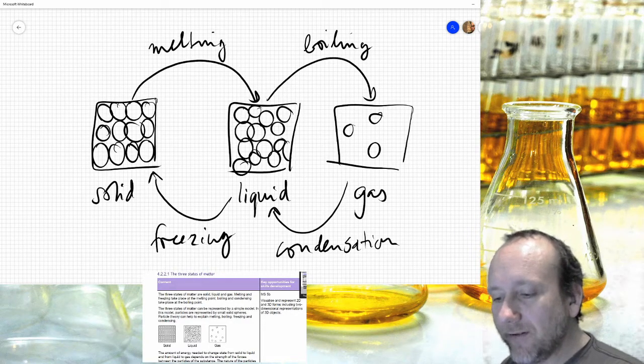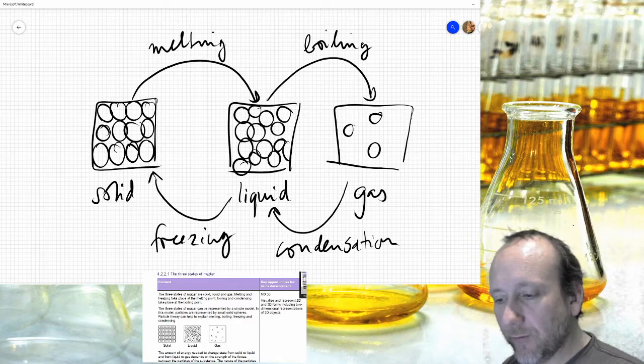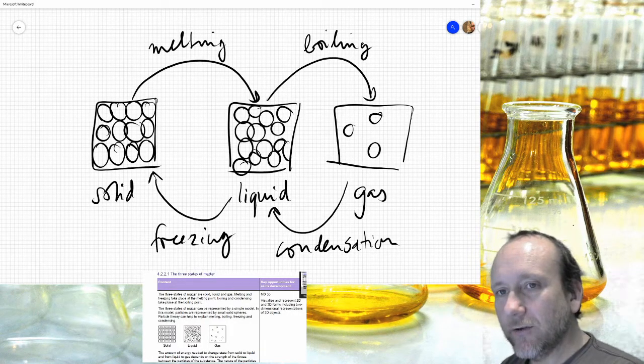So implicitly, there are forces between those particles, and those are intermolecular forces. I already talked a little bit about them, van der Waals forces, for example, but also we've come across them in electrostatic attraction, in ionic solids, and so forth.